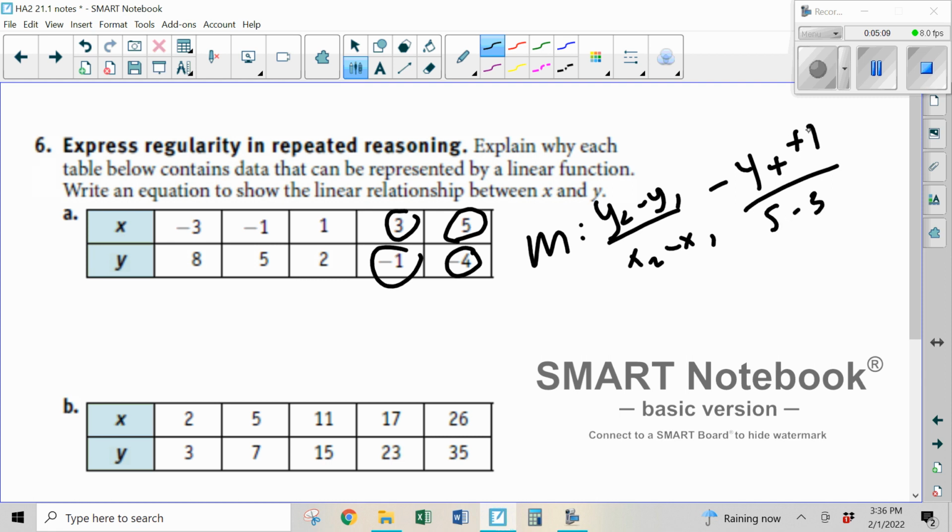Minus a negative is plus, so that comes out to be -3. That comes out to be this. So the slope, this is my answer, the slope is -3/2. So when I write my linear equation, that's going to be my slope. There are many ways to turn this into an equation.